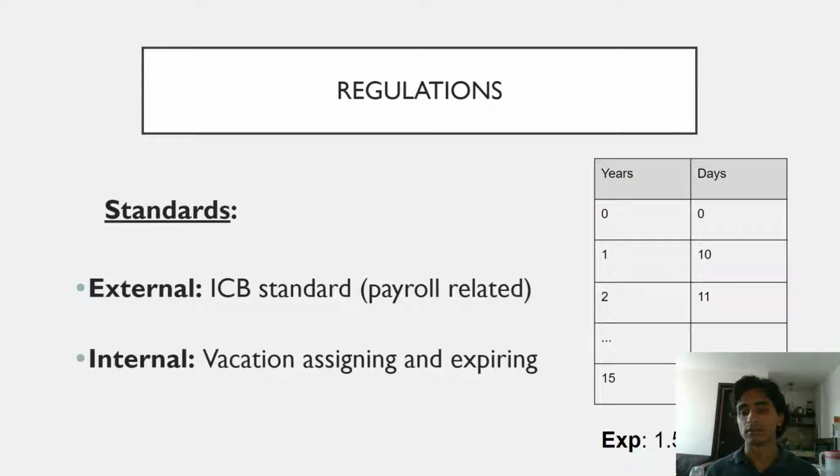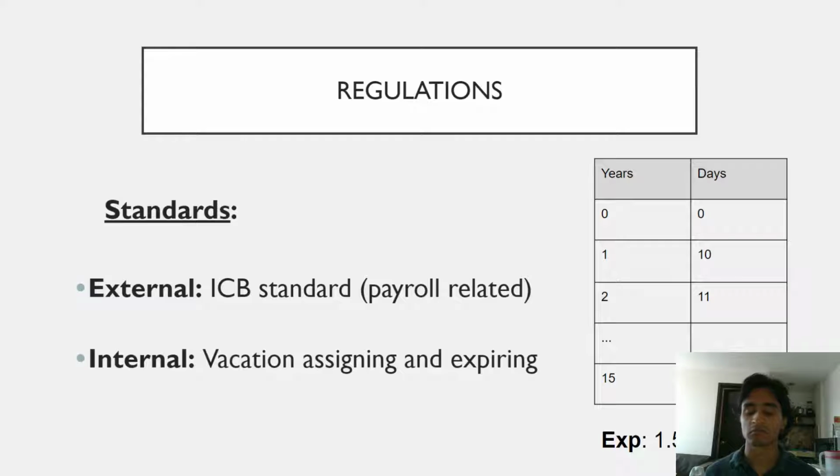Regarding the regulations, the external standard we had to take into account was the ICB standard related to payroll. That means that at some point all these requests and approved requests have to be converted to a digitalized format and stored in the database.